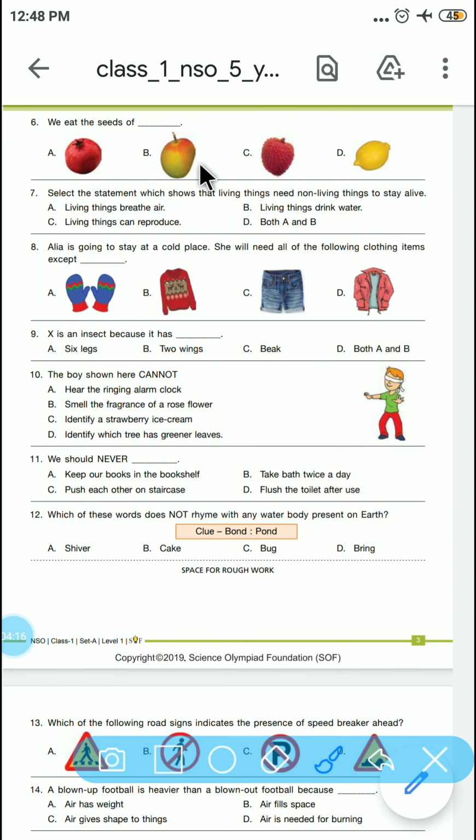We eat the seeds of dash. Which one? So in pomegranate we eat the seeds. Select the statement which shows that living things need non-living things to stay alive. Living things breathe air, living things drink water, living things can reproduce.